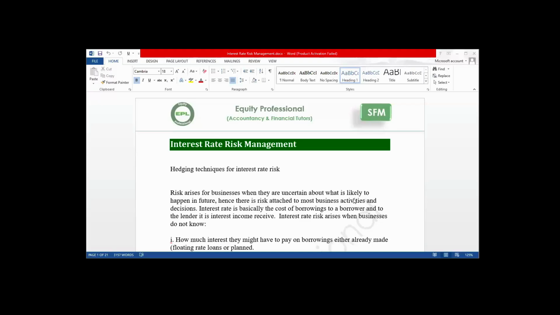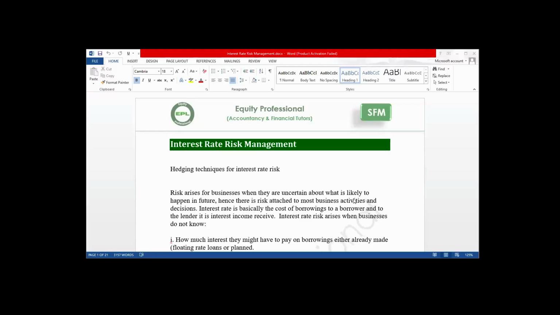The first topic is, of course, when you say risk management, managing financial risk. Managing the financial risk of the business. We are looking at that aspect of financial risk. Under it, we discuss foreign currency risk management. That was the first subtopic.